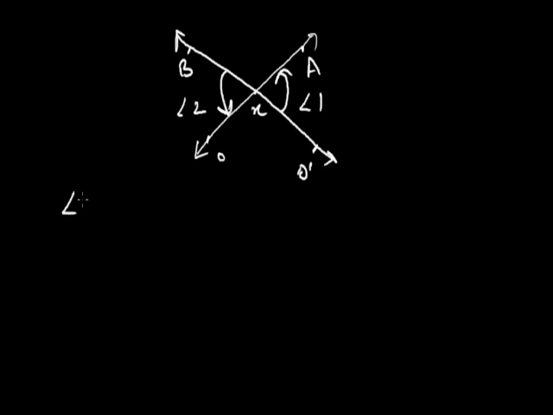We have to prove that angle 2 is equal to angle 1. Similarly, we also have to prove that angle AXB is equal to angle OXO dash. Let us term angle AXB as angle 3 and angle OXO dash as angle 4.